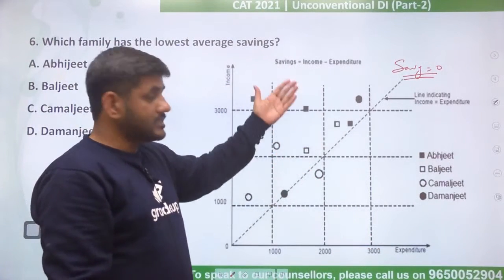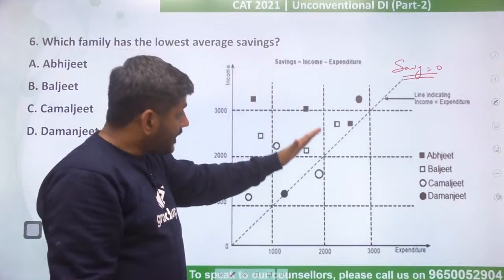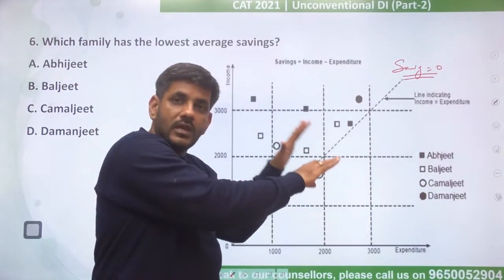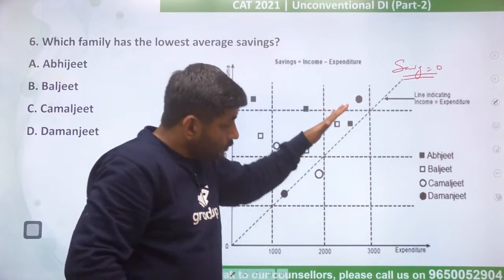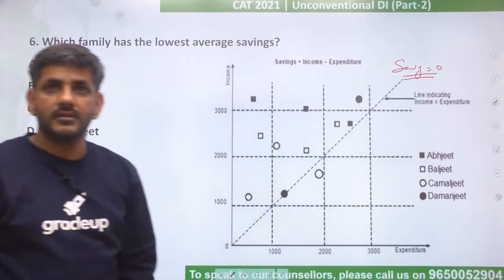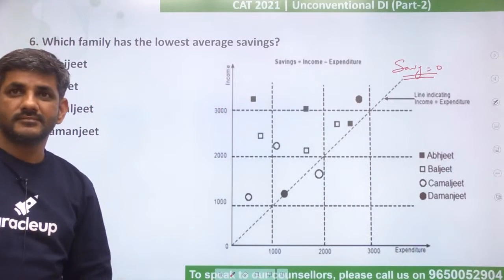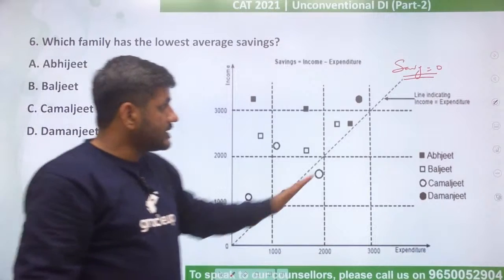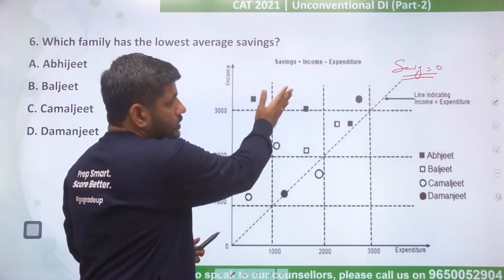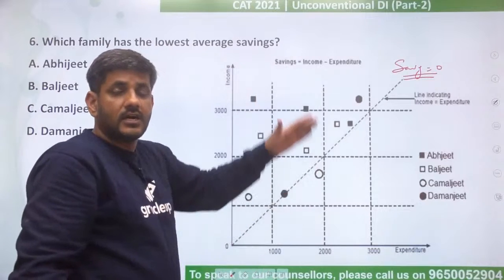People who are above this line, the farther you are from the line, the more is your saving. The closer you are to the line, the lesser is your saving. If you are below the line, the saving is negative. Am I correct that way? I hope you can understand this. This is showing saving equal to zero. The farther you are from it, the higher the savings.